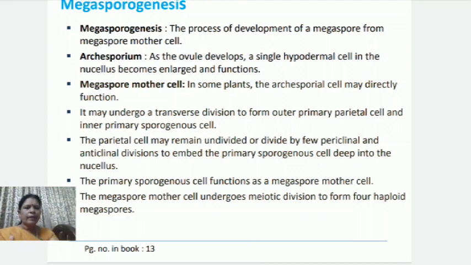The primary parietal cell may remain undivided or divide by a few periclinal and anticlinal divisions to produce the primary sporogenous cell deep into the nucellus. The primary sporogenous cell functions as the megaspore mother cell. The megaspore mother cell undergoes meiotic division to produce 4 haploid megaspores.